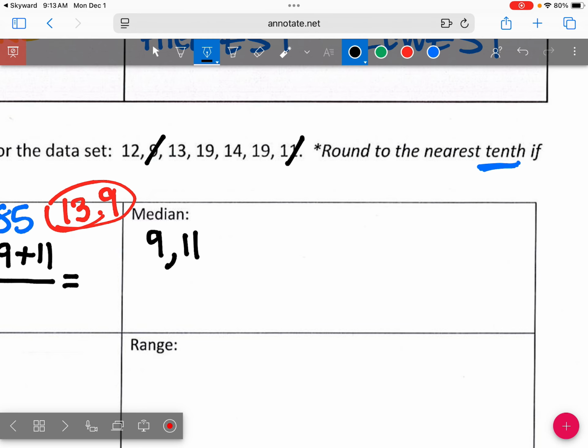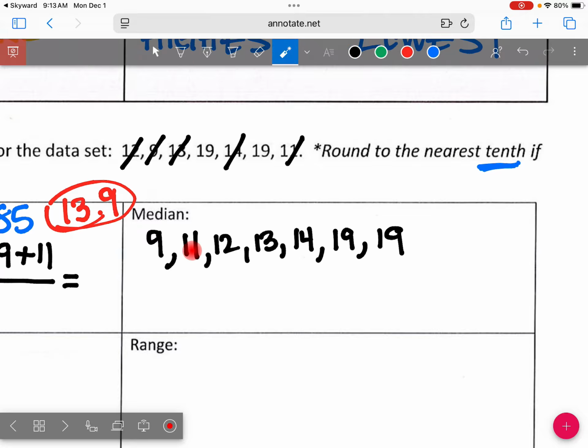We have a 12. Cross that out. Do we have a 13? Yeah, we got a 13. Cross that out. We got a 14. Cross that out. And then I have 2 19s. You got to write them both. I'm going to make sure I still have 7 numbers. So 1, 2, 3, 4, 5, 6, 7.